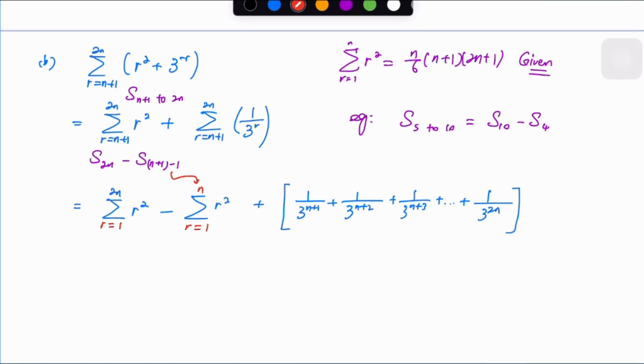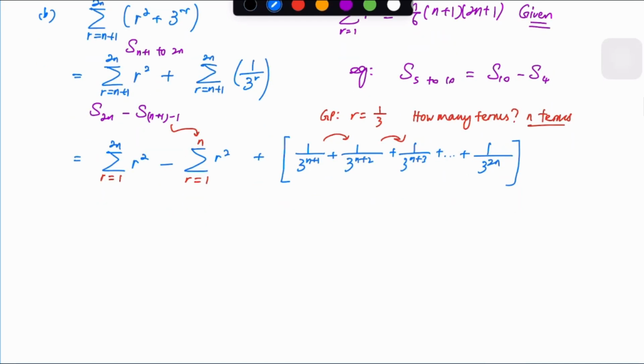This is a geometric progression. What is the common ratio? 1/3. How many terms? Top minus bottom plus 1, so this is n terms. So I think we are ready for the formula already.